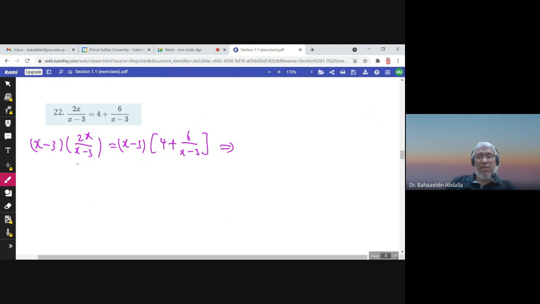This cancels with this and I'll have 2x. Now 4 times x minus 3, and when we multiply this times this, x minus 3 cancels and we get 6. So 2x equals 4x minus 3 times 4, 12 plus 6.